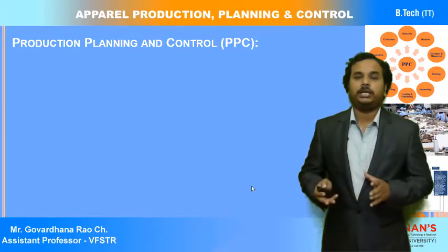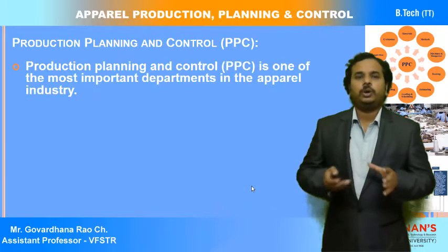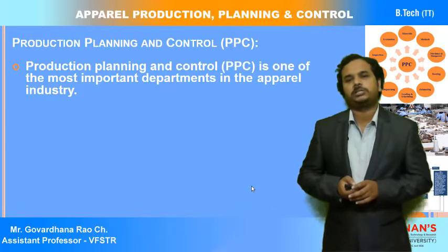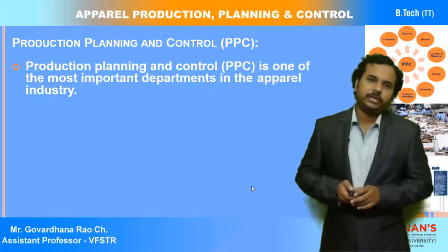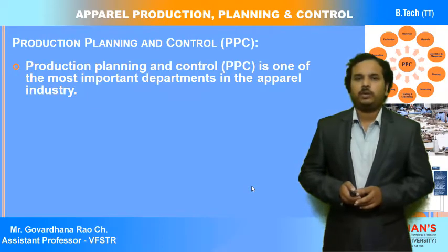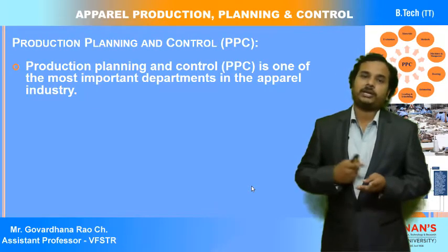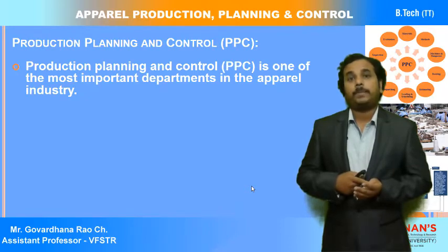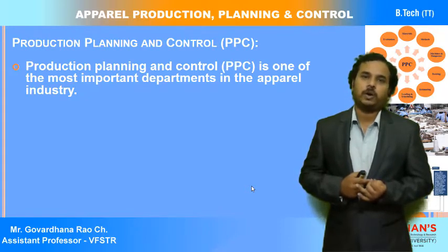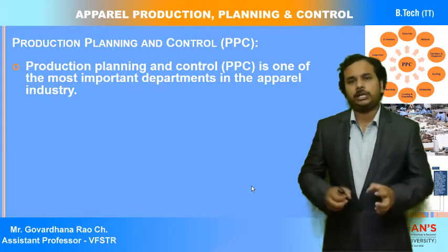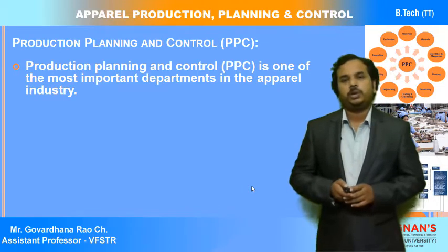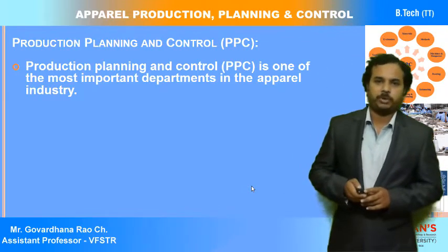You can see that PPC is one of the most important departments in the apparel industry, where production activities are monitored, planning is done, and quality is also checked or controlled. So all three parameters come under the PPC department.